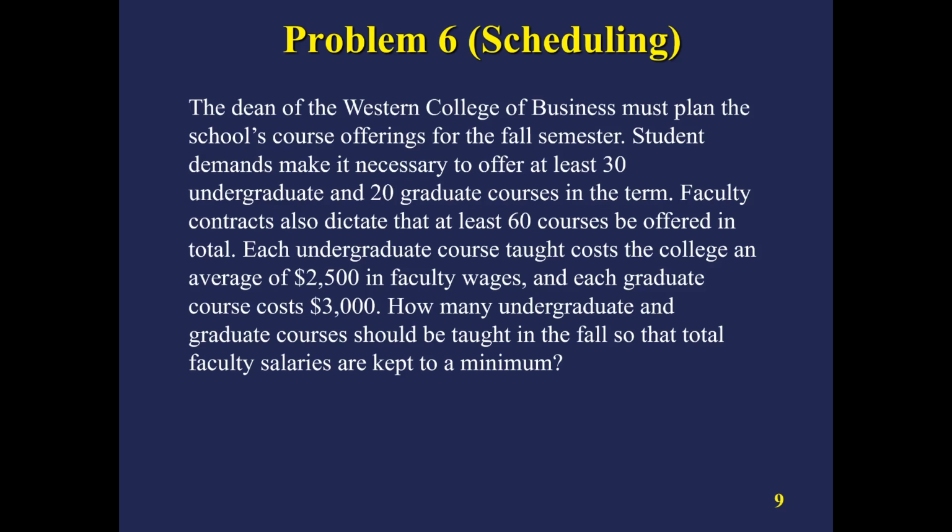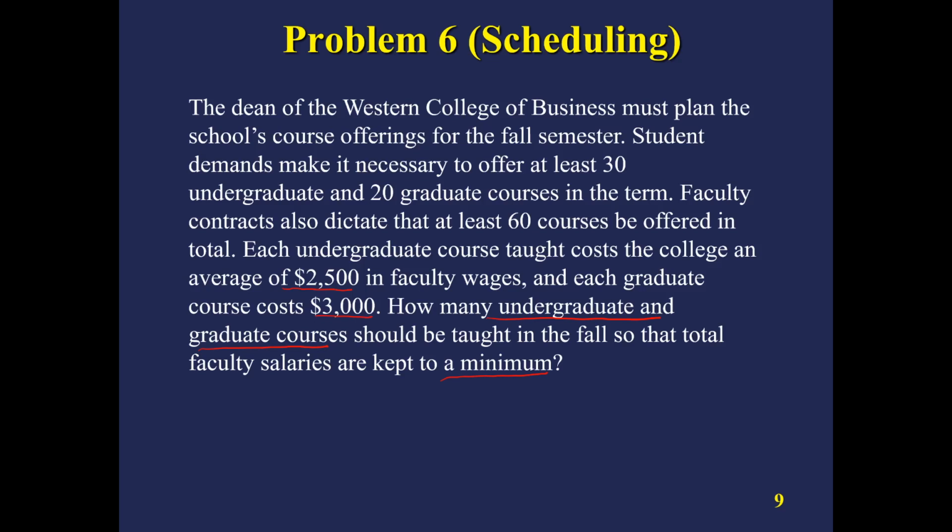Let's identify the decision variables. It says how many undergraduate and graduate courses, so these are our decision variables, and we are going to minimize cost. The cost of each course is 2,500 for undergraduate and 3,000 for graduate. So the objective function is not difficult to write.